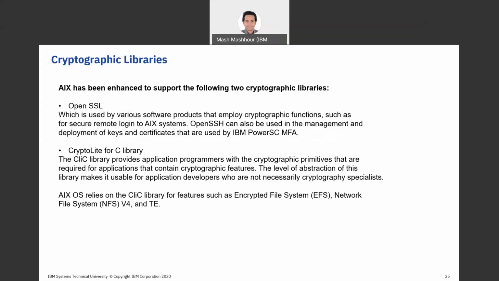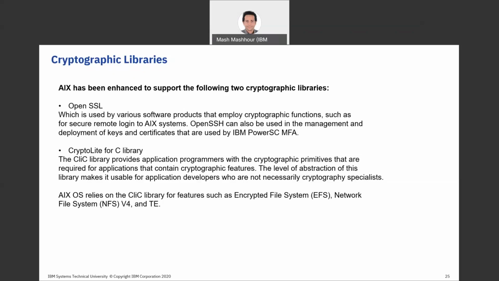AIX can support cryptographic libraries like OpenSSL, which has been enhanced recently. OpenSSH can also be used in the management and deployment of keys and certifications that are used by IBM PowerSC multi-factor authentication.